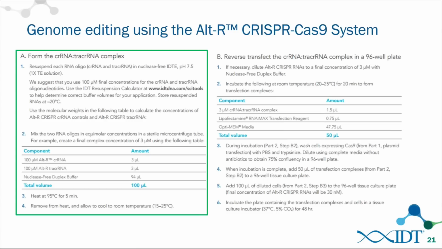What we recommend then for a working dilution is a 1-to-1 mole-to-mole ratio dilution down to 3 micromolar of the Alt-R crRNA:tracrRNA complex. This makes it convenient for doing transfections in 96-well plates that are on the order of 10 nanomolar. Specifically, we're talking about doing transfections at 30 nanomolar.